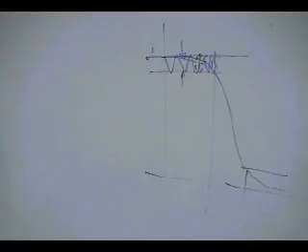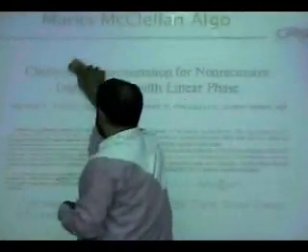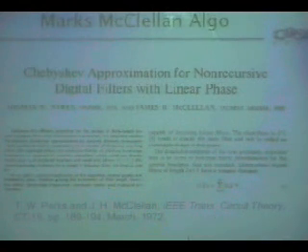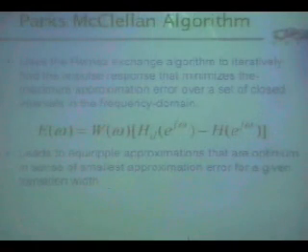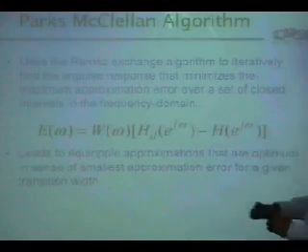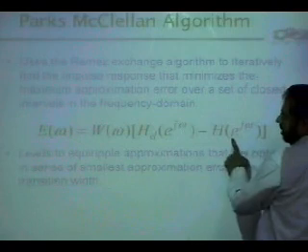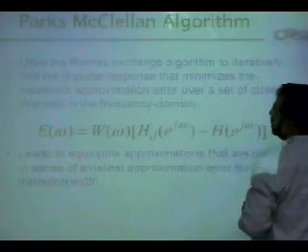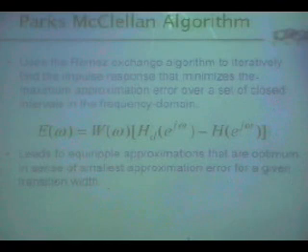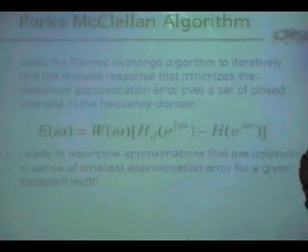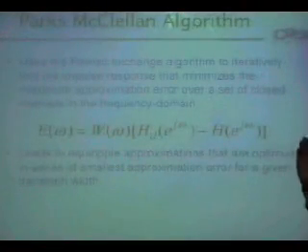So the Chebyshev approximation, again this is in 1972, part of his PhD research, came up with a criterion which says let's try to minimize the maximum error. This is the error, this is the ideal response, and this is what you intend to design. This uses the Remez exchange algorithm to iteratively find the impulse response that minimizes the maximum approximation error over a set of closed intervals in the frequency domain, in the passband and in the stop band.